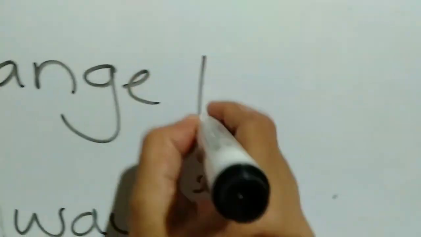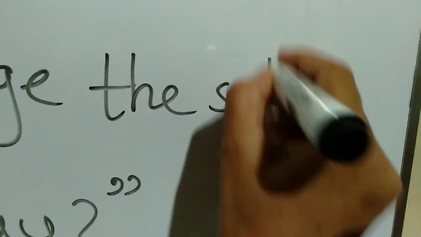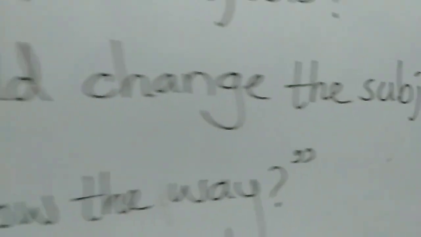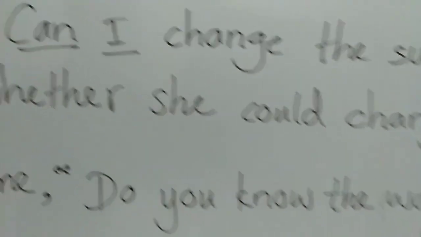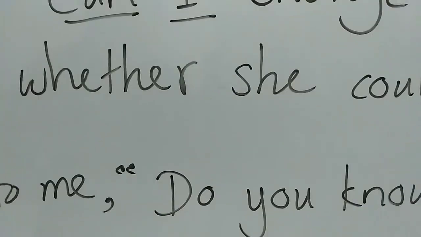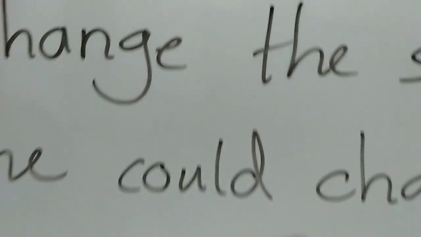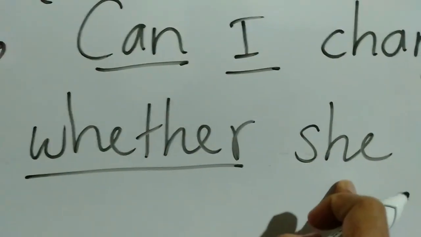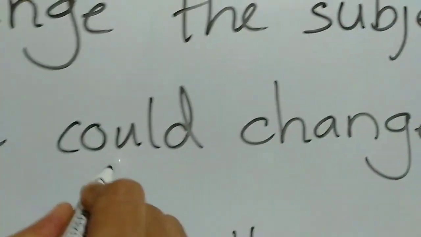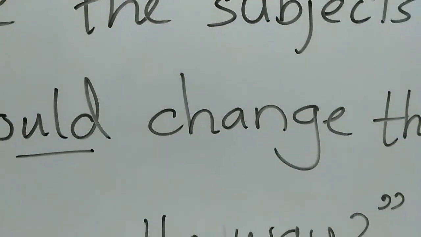Change the subjects. Okay. Highlight the changes that take place in the indirect speech. She asked whether. This word is very important to keep for the yes-no questions. Whether, this I pronoun is changed into she. Can into could. Change the subjects.